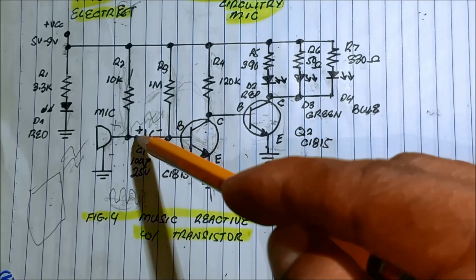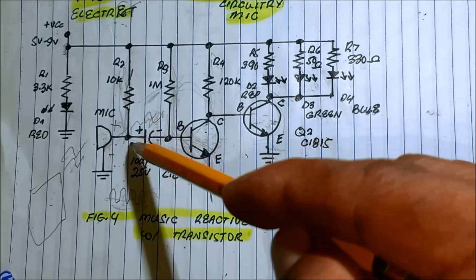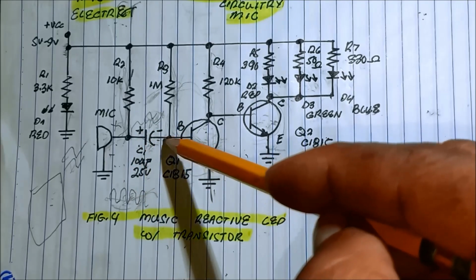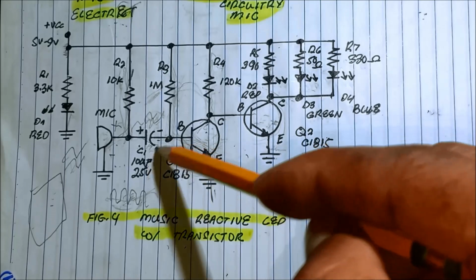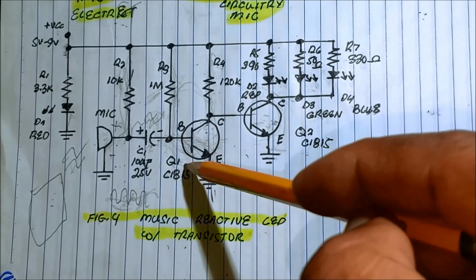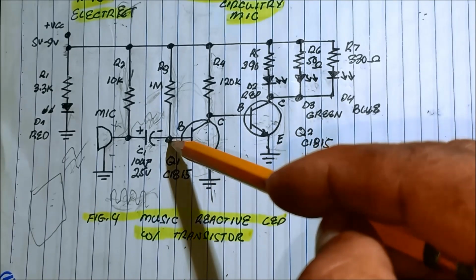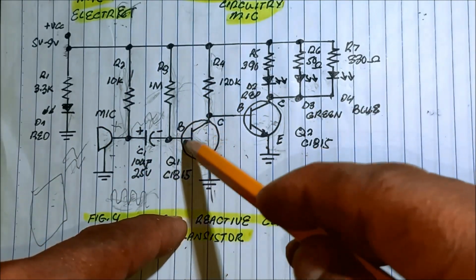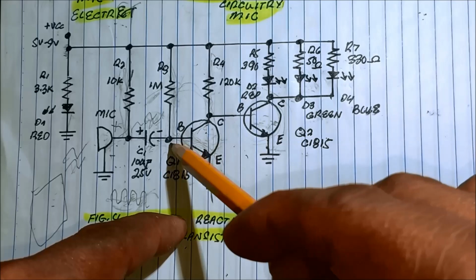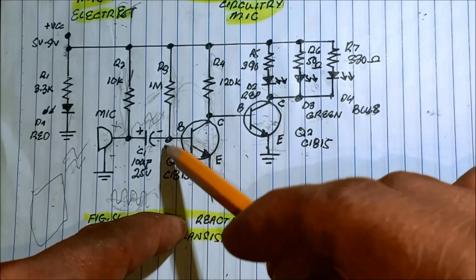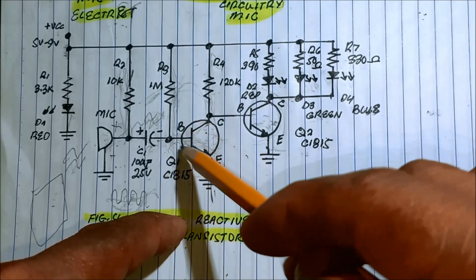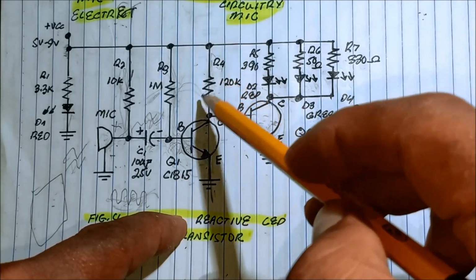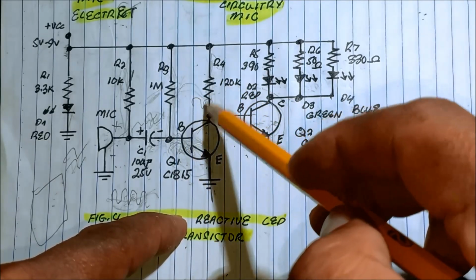It passes through the capacitor, and then modulates the base. What do I mean by modulating? You are going to switch on this transistor. Whatever the waveform here, the small waveform will produce a big waveform at the output.